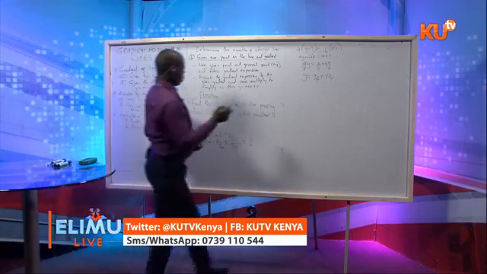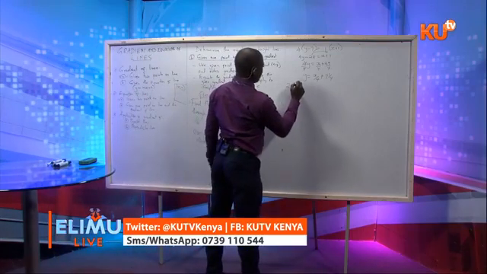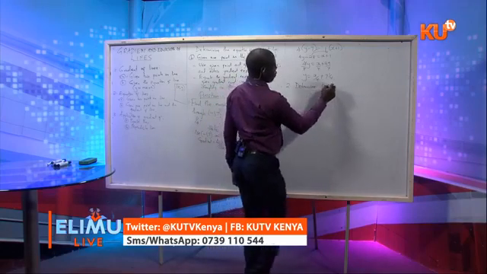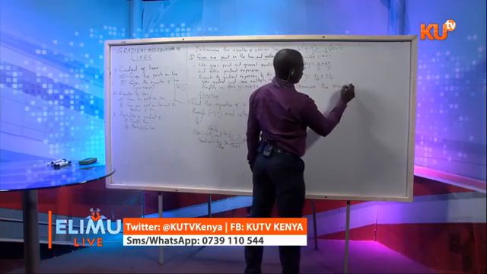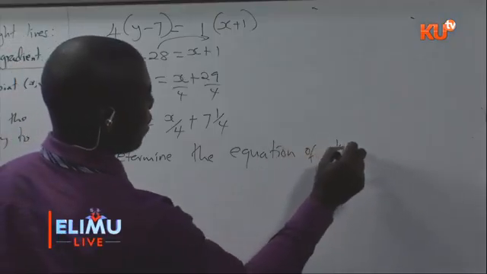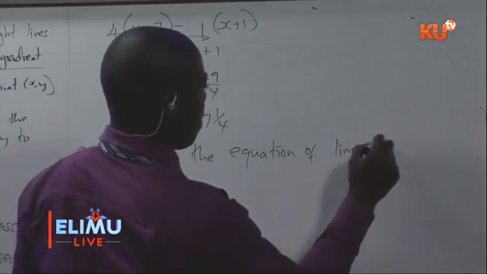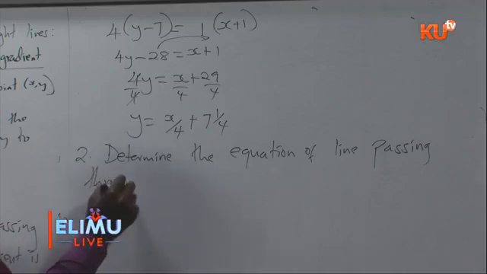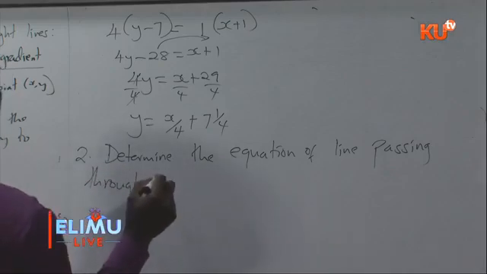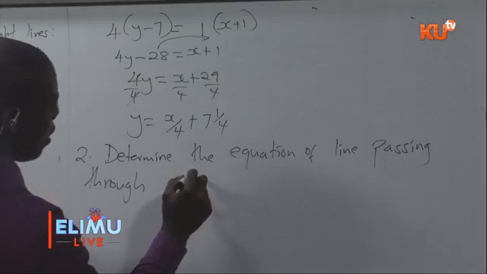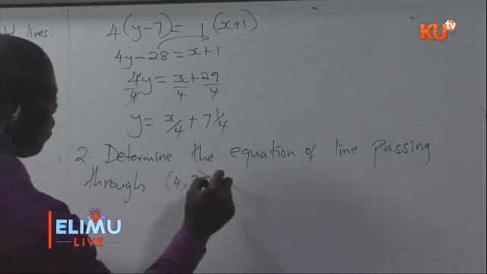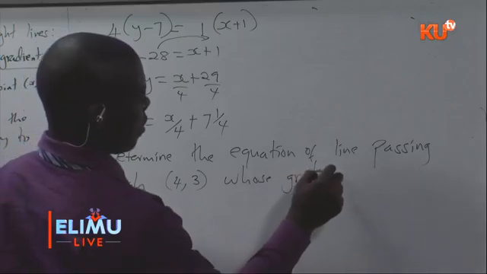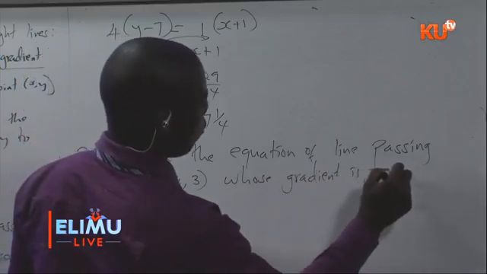Number 2, what if we have this case? You're told, determine the equation of the line passing through the point 4 and 3 whose gradient is -2.